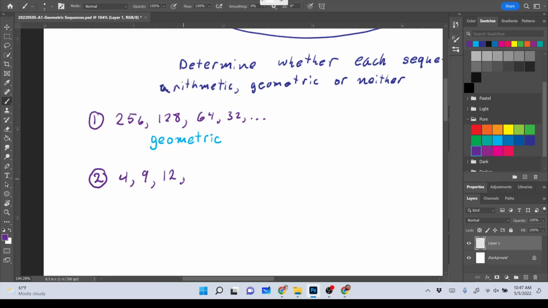Math class gets real when the teacher does the stanky leg. Ridiculous.